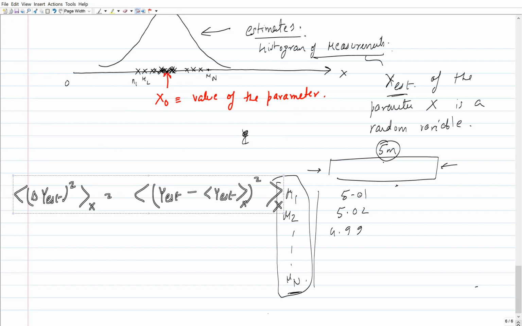Now, for example, let's say I have two parameter estimation schemes.